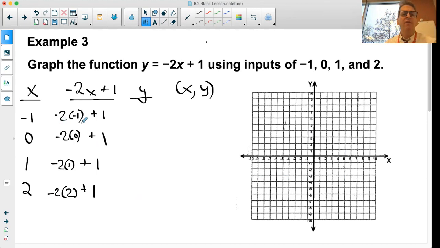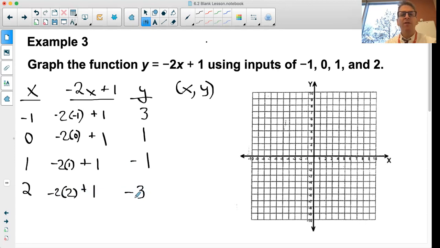So -2 times -1 is +2, plus 1 is 3. -2 times 0 is 0, plus 1 is 1. -2 times 1 plus 1 is -1. -2 times 2 is -4, plus 1 is -3.